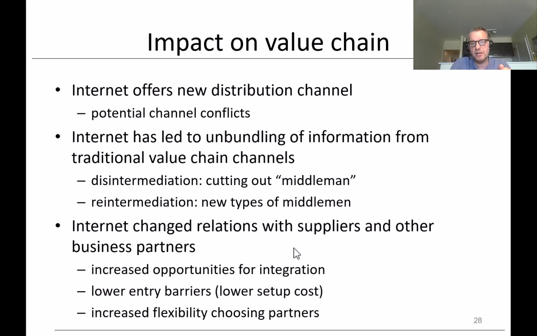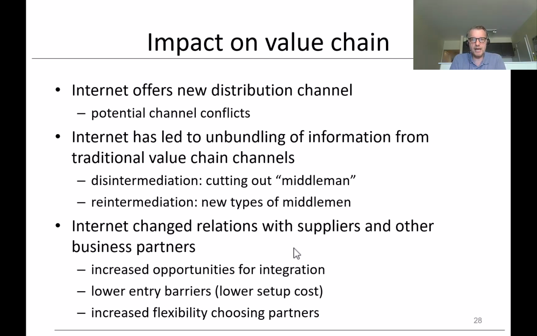So that's a channel conflict because of the channel tension if Nike starts to sell its products online. And that has now become possible thanks to the internet because the internet has led to the unbundling of information from traditional value chain channels. It is doing what we call disintermediation. Disintermediation is cutting out the middleman.